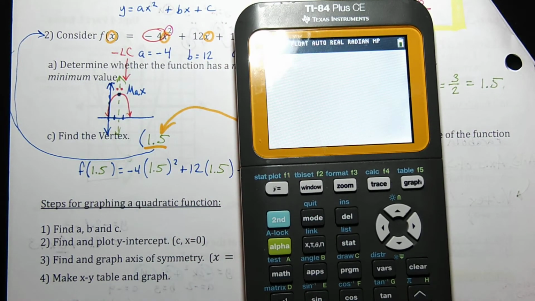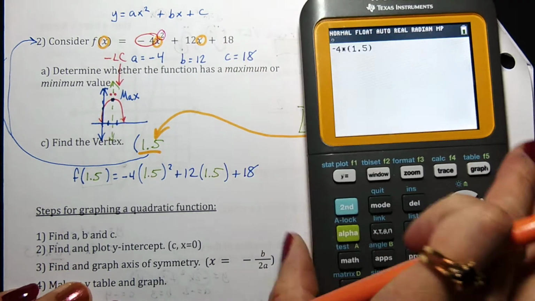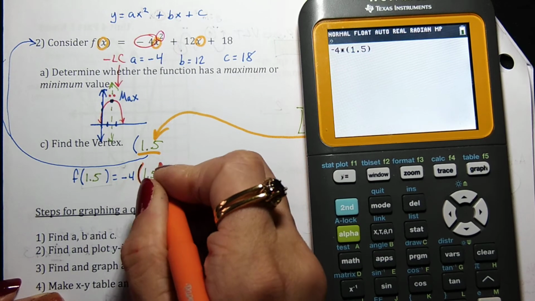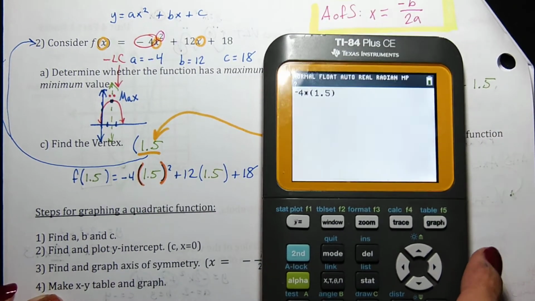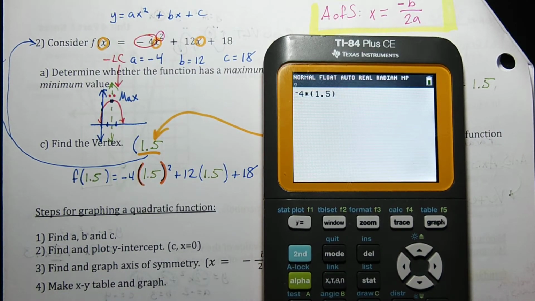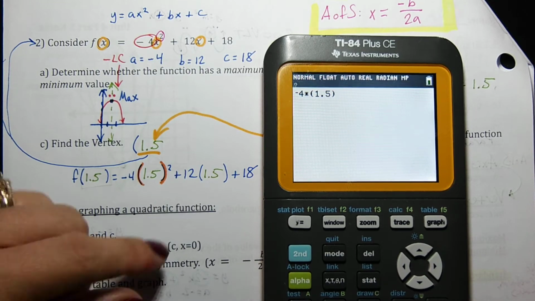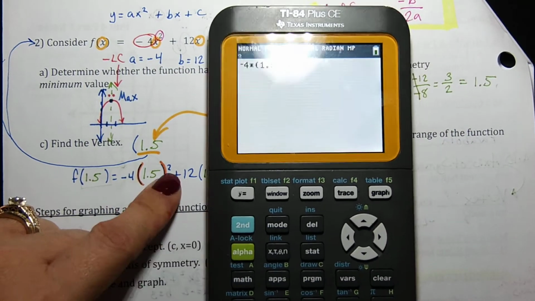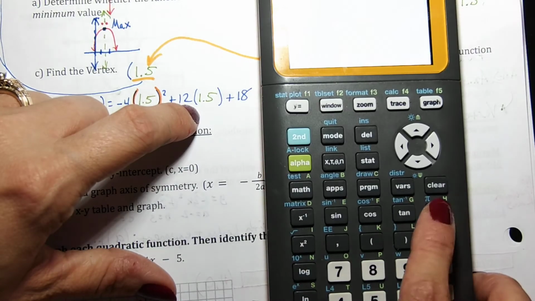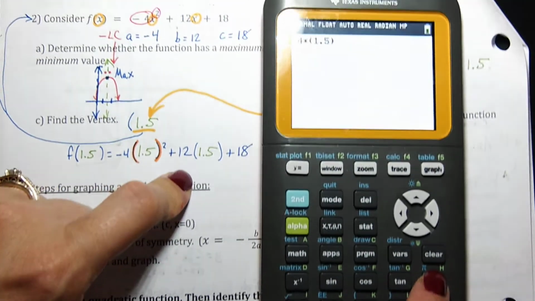So negative 4 times, we don't have to have those parentheses on this one, but we'll find that later these parentheses can make a whole mega world of difference. So I'm just going to go ahead and put them in. You can use the squared button, but I encourage you to still practice using the caret button, which is above the division sign.